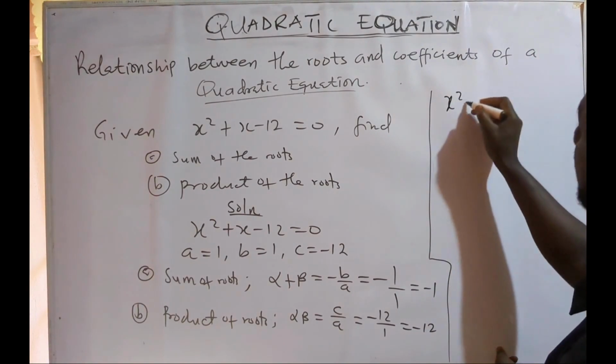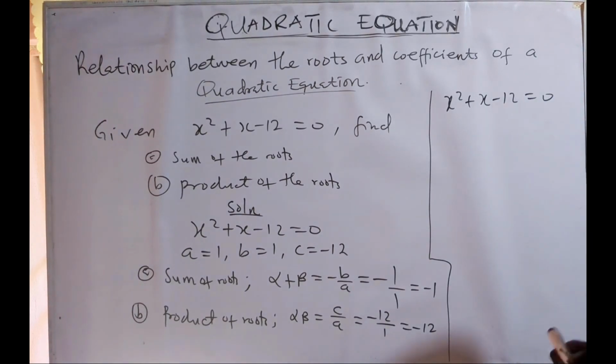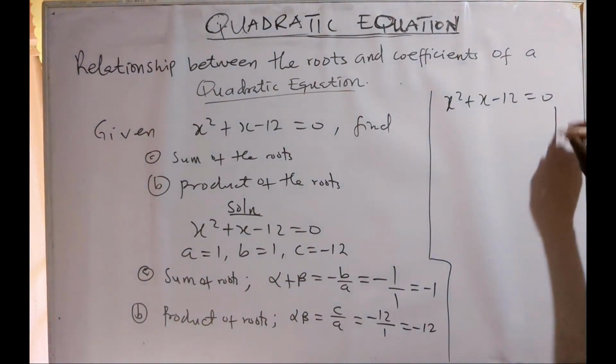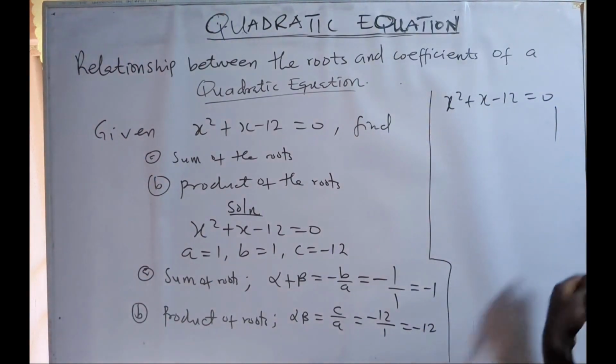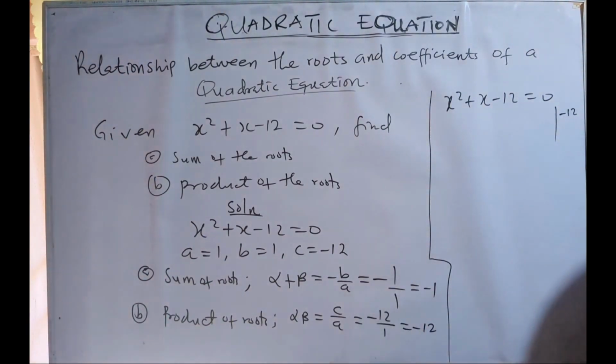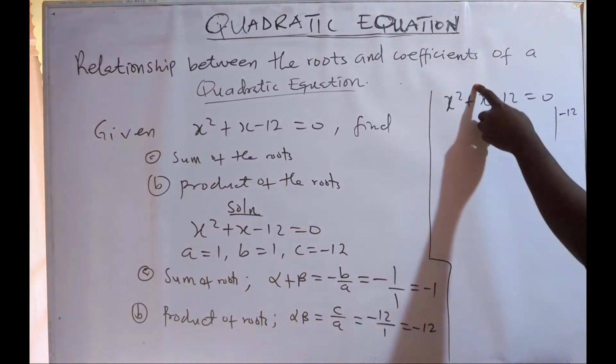So see why it is like this. We have x squared plus x minus 12 equal to 0. If I solve this quadratic equation, we multiply the coefficient of x squared, which is 1, by the constant negative 12. We need two factors that give the coefficient of x, which is 1.